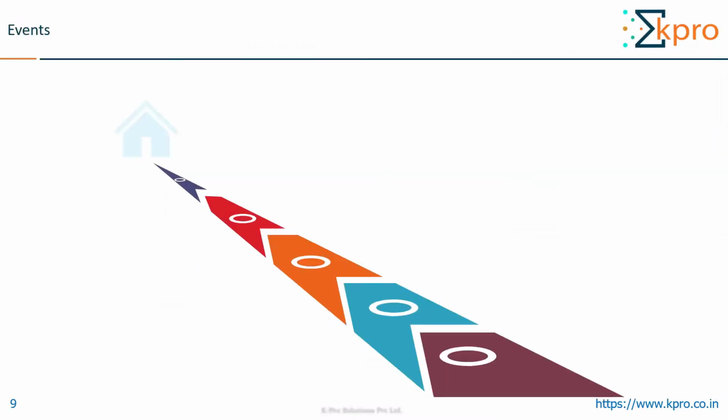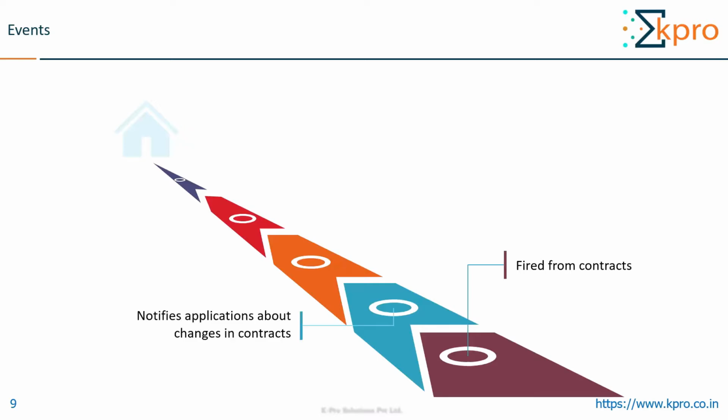Next, let us talk about events. Events are fired from contracts such that anybody interested in them can catch them and execute code in response. They are primarily used to inform the calling application about the current state of the contract with the help of the logging facility of EVM. They are used to notify applications about changes in contracts, and applications can use them to execute their dependent logic.